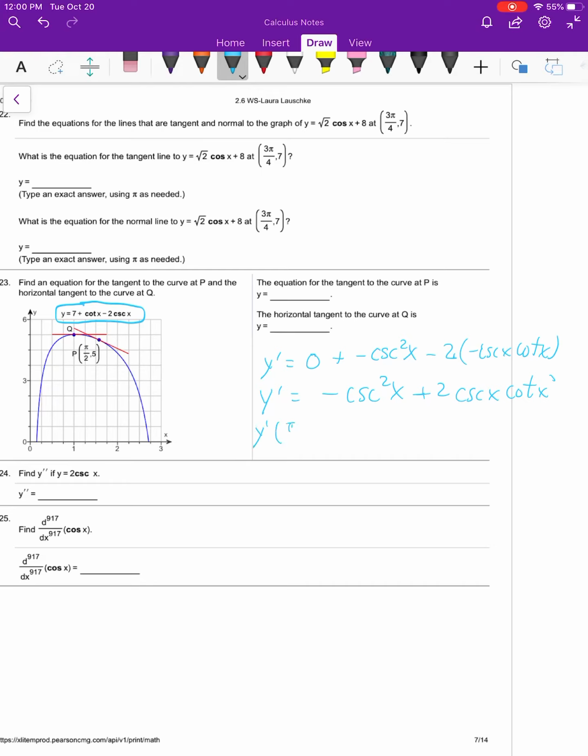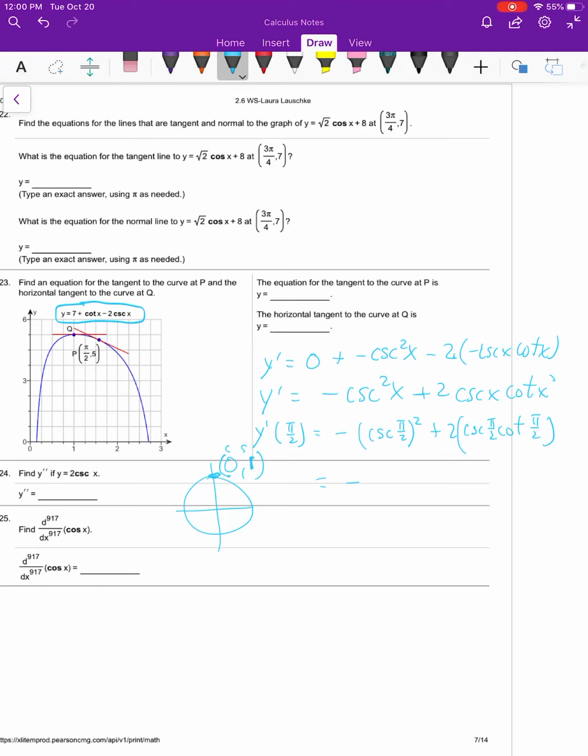So you would want your derivative at pi over 2. So negative, and remember how I showed you how to do this, negative cosecant of pi over 2 squared plus 2 times cosecant of pi over 2 cotangent of pi over 2. And so pi over 2 is cosine, sine, right?